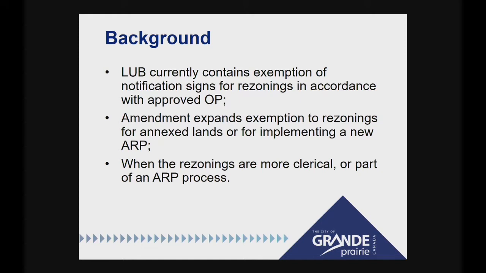This amendment proposes to expand those exemptions to rezonings intended to incorporate annexed lands into the city's land use bylaw or to implement a new area redevelopment plan. For these, the amendments are either more clerical in nature or are part of a process that already involves significant notification and engagement.